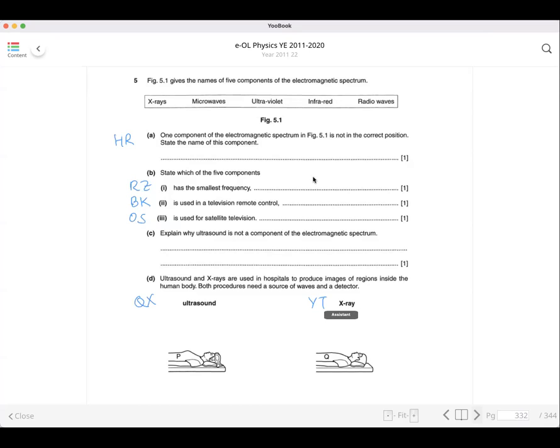Yiting, you do this. Chelsea, can you write down the source and detector in your diagram?